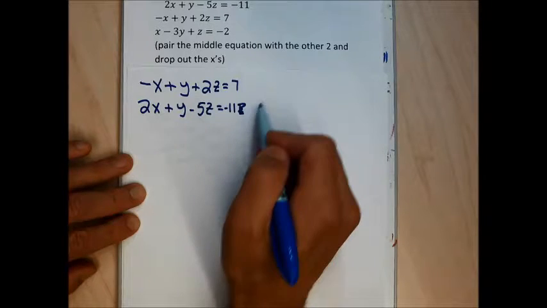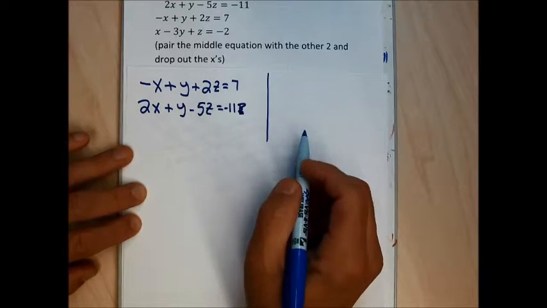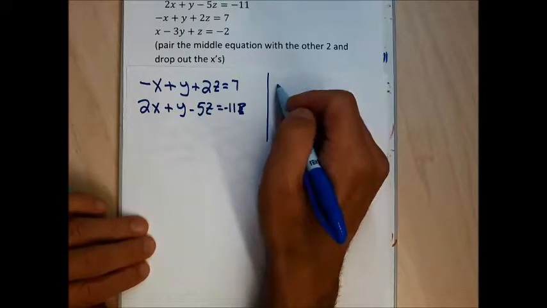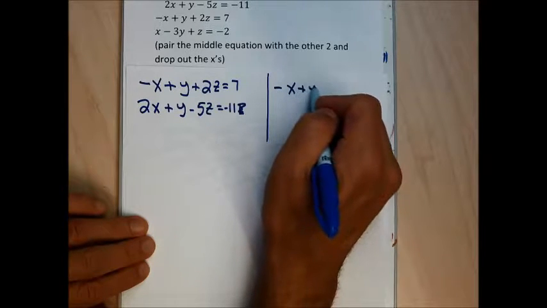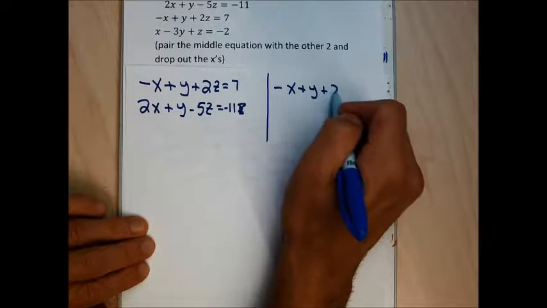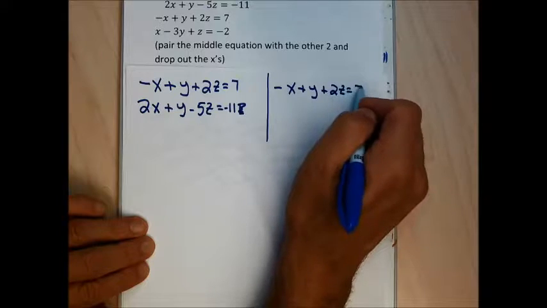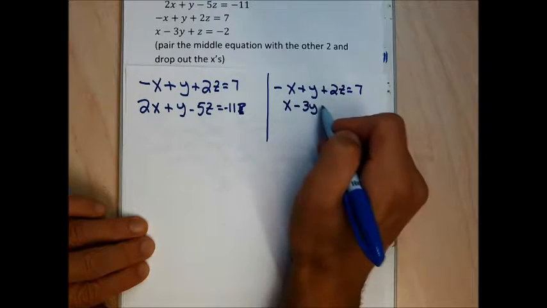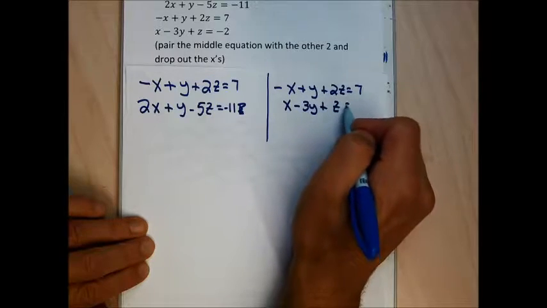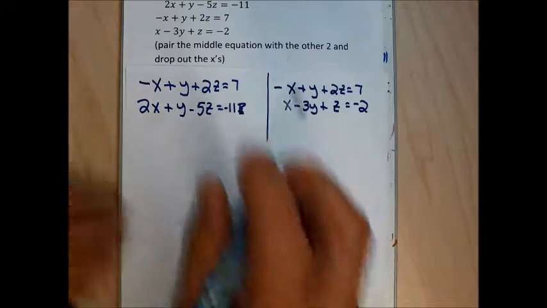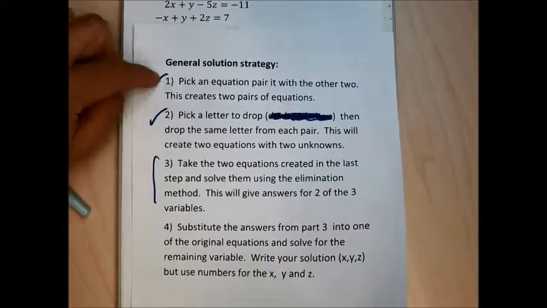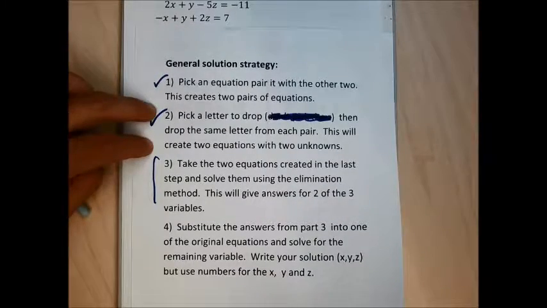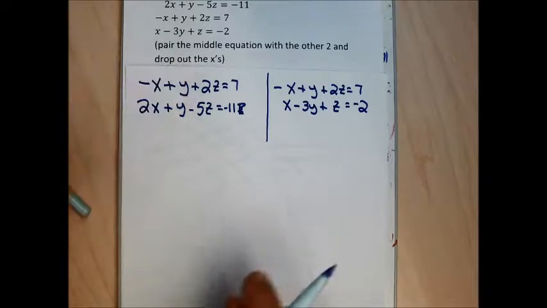And then the middle with the bottom, negative x plus y plus 2z equals 7. Pair it with the bottom. Done with step 1. I picked an equation, paired it with the other two. I've already picked my letter to drop out. Now I need to drop that letter out. So I picked out to drop the x's.